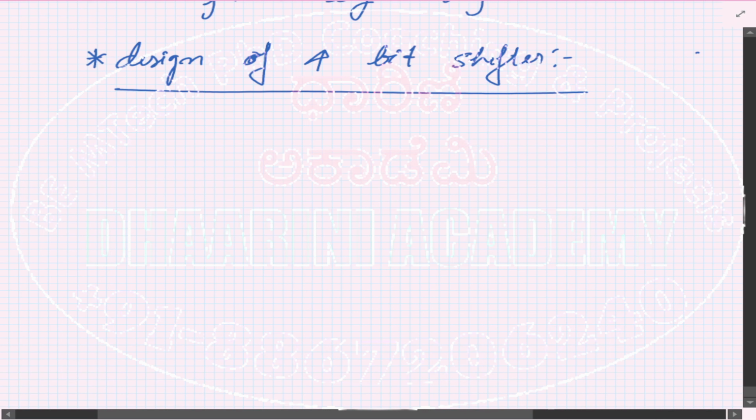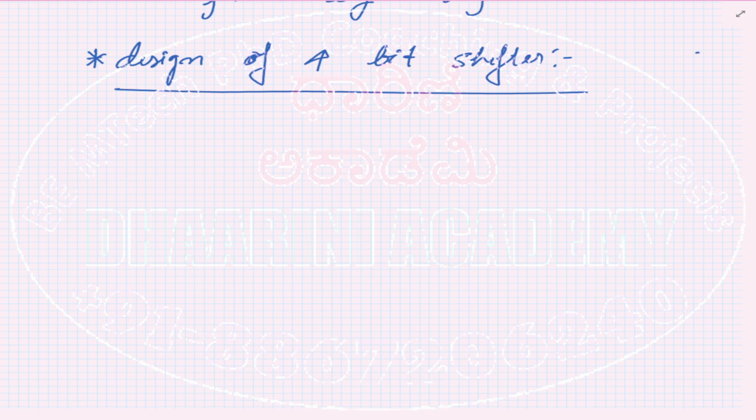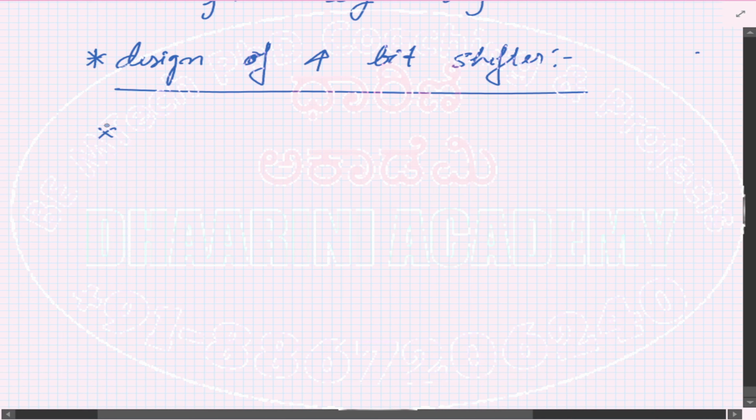Okay. Now whenever we say that an n-bit shifter is there, its objective is to shift the incoming data up to n minus 1 places. So if I say that I have an n-bit shifter, what is the job?